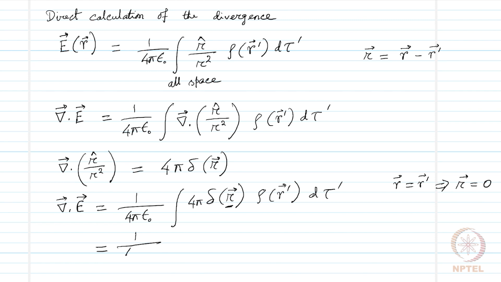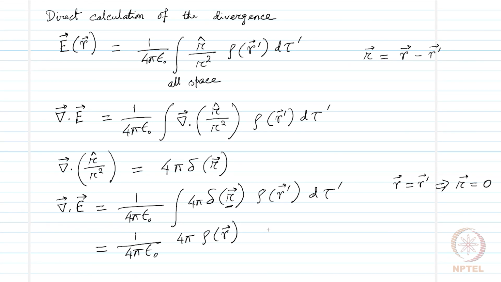nothing but 1 over 4 pi epsilon naught. We will have 4 pi here coming out, and the function that is rho of r prime, when r prime equals r, this will have the value. So, we will get rho of r coming out here.